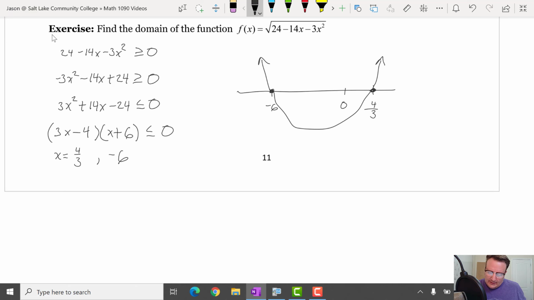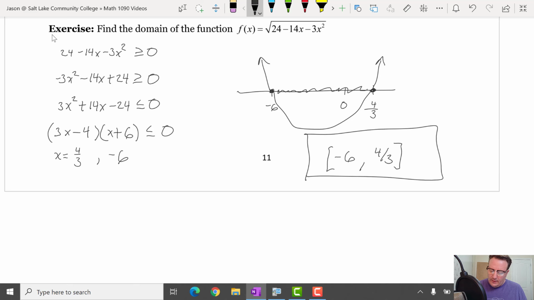So the inequality is satisfied by all the x points in between the two zeros and including the endpoints. So my solution set would be from -6, including that point, to 4/3, including that point. And there we go. And this concludes section 4.2 on polynomial functions.